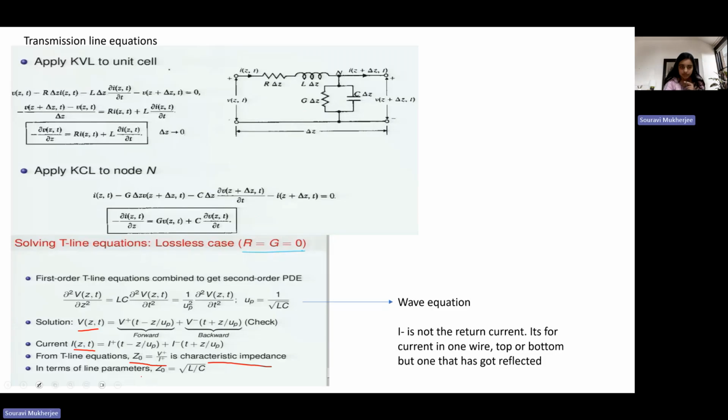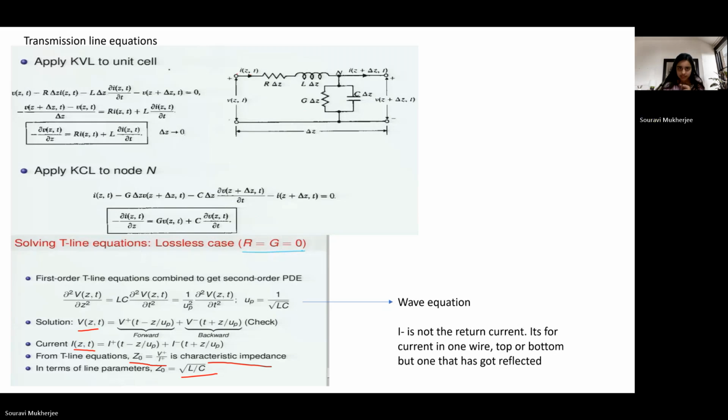Now, in terms of line parameters, if you look at the expressions for this case where R and G are 0, you can basically write it as root over L by C, right? Okay. Now you have to understand here I minus is not the return current. It's not the current going back as a return.